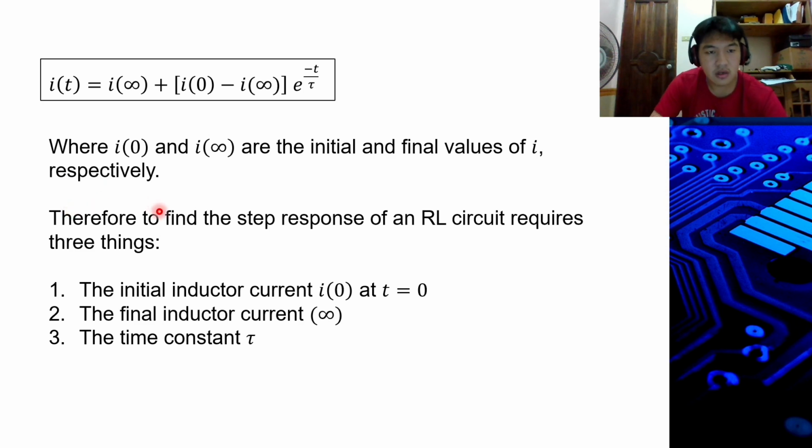Therefore, finding the step response of an RL circuit requires three things, the same as for the RC circuit. Number 1, the initial inductor current i(0) at t equals 0. Number 2, the final inductor current i(∞), and the third is the time constant tau.